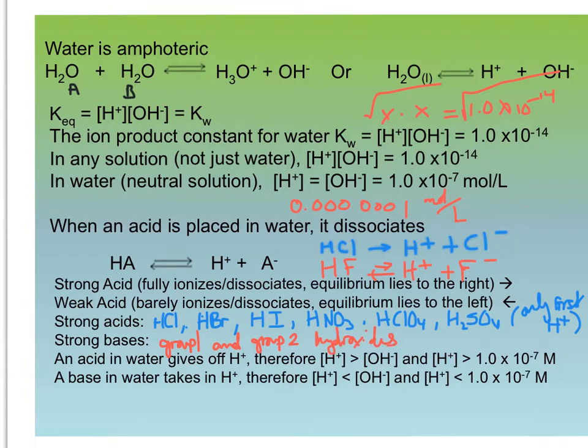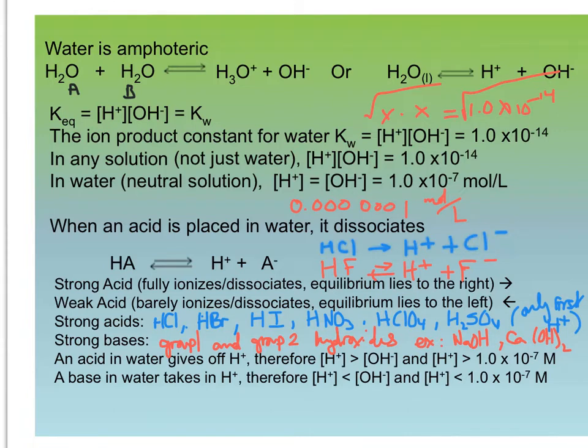What does that mean? For example, NaOH or CaOH2. So any metal that's from group 1 or group 2 bonded to hydroxides would be a strong base.